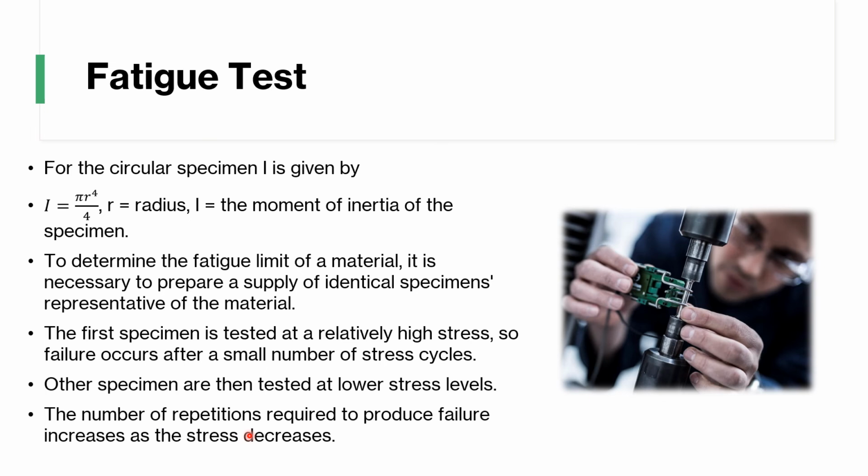The number of repetitions required to produce failure increases as the stress decreases. So you reduce your stress, and the number of repetitions required to produce failure is going to increase, meaning it takes longer if you decrease the stress.